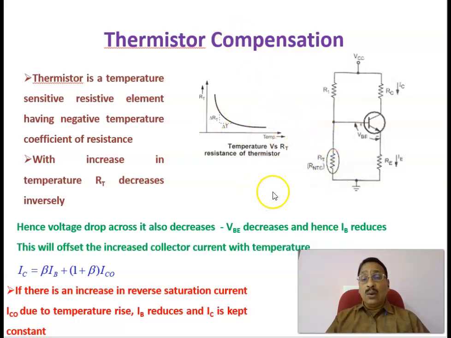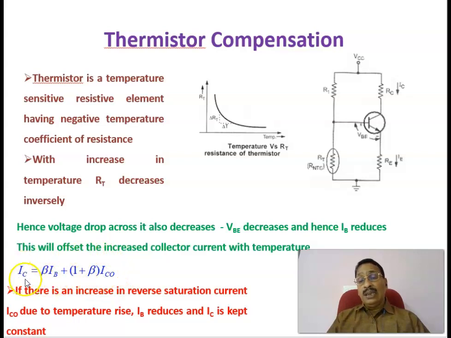Now let us see how it works. As an example, as temperature increases, there is a tendency for ICO to increase. As you know, for every 10 degree rise in temperature, ICO gets doubled. Therefore, as temperature increases, ICO will be increasing, and this part, 1 plus beta ICO, is increasing.